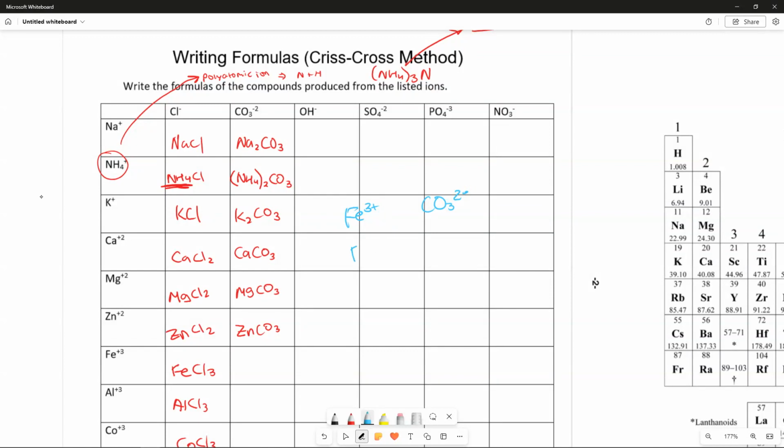So we need another Fe3 plus, which gives us a 6 plus net charge, and we need 3 CO3 2 minuses, which will give us a net charge of 6 minus. So 6 plus on the iron, 6 minus on the carbonates, and that cancels out to a net zero charge. Here we need 2 irons with each a 3 plus charge, and 3 carbonates, each with a 2 minus charge.